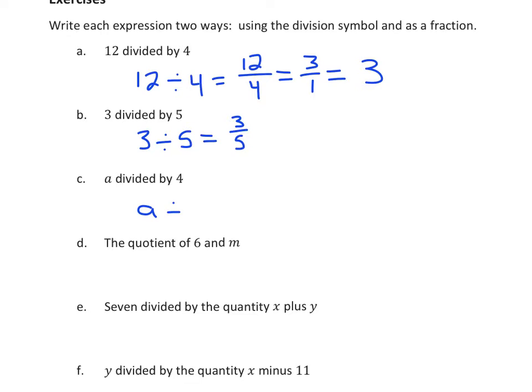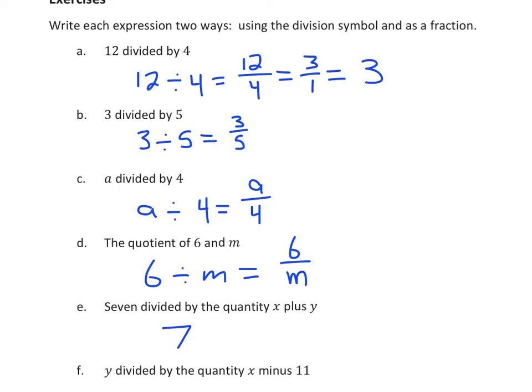A divided by 4 is the same as A over 4, and since I don't know what A is, I cannot solve any more than that. The quotient of 6 and m would be the quotient of 6 divided by m, which of course would be 6 over m, and I can't solve because I don't know what m is.